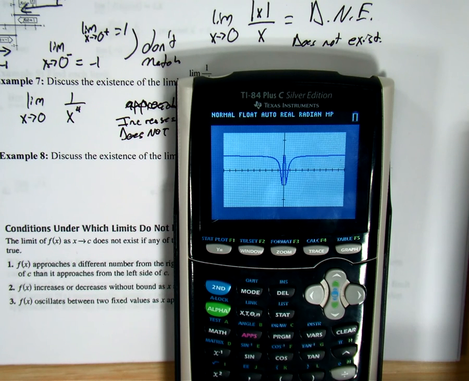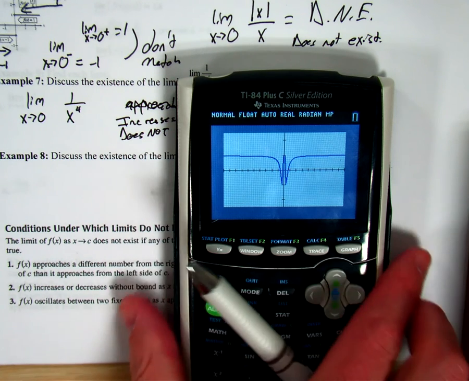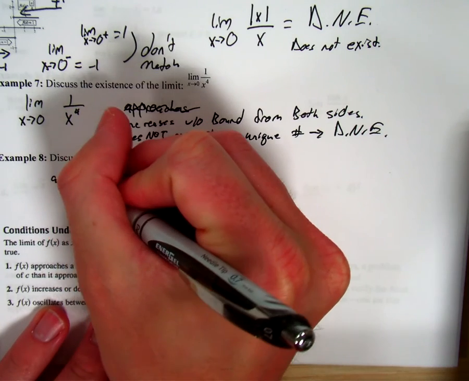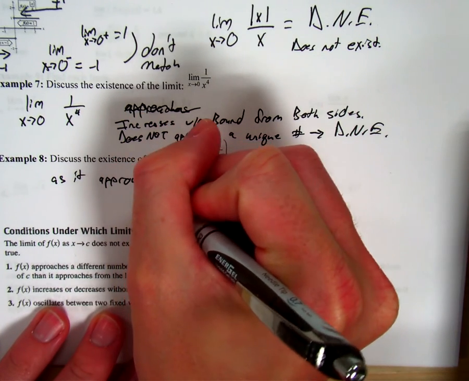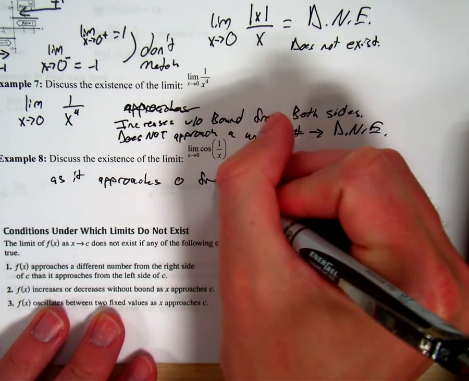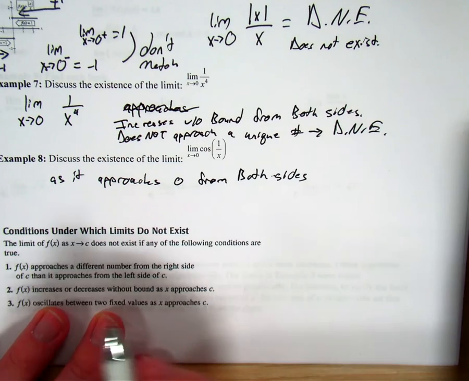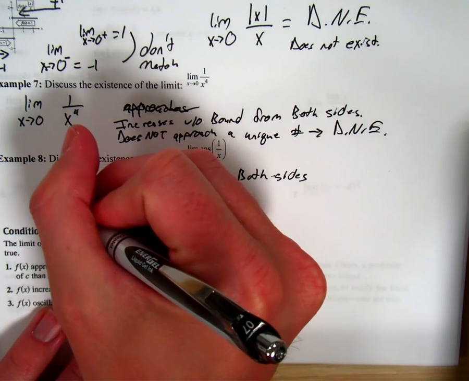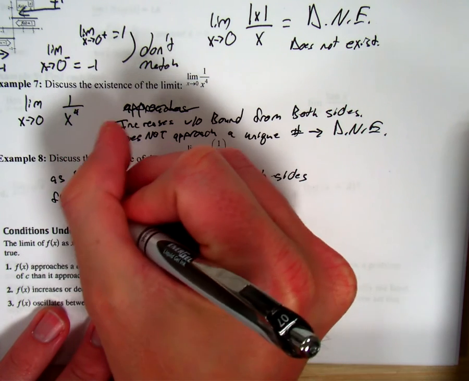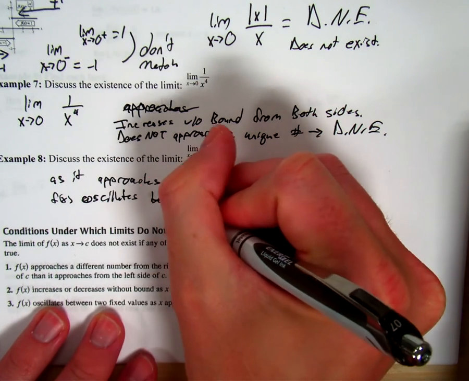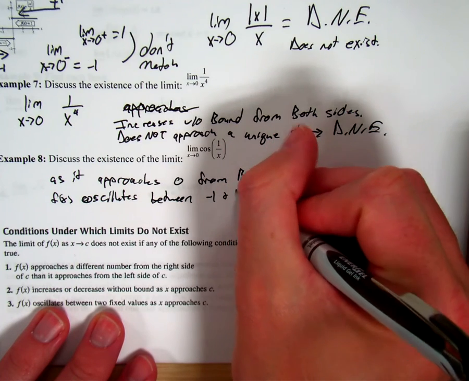Okay? As you approach 0 from both sides, it oscillates between -1 and 1, so it never approaches a unique number. Limit does not exist. As it approaches 0 from both sides, f of x oscillates between -1 and 1.